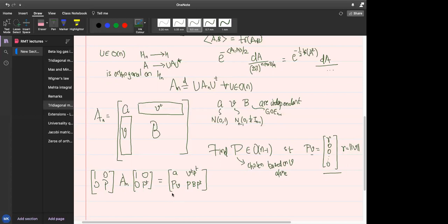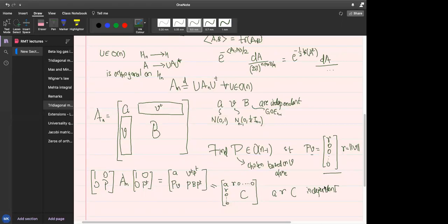By choice of this P, we have A here, then R and zeros here. By symmetry, it is the same, R and all these zeros here. And this P B P transpose, let me call it C. So now again, A, R, C are independent.